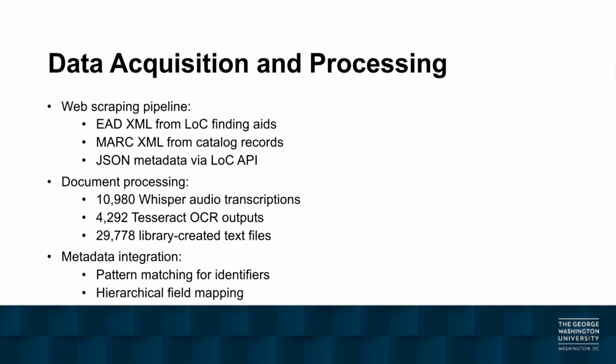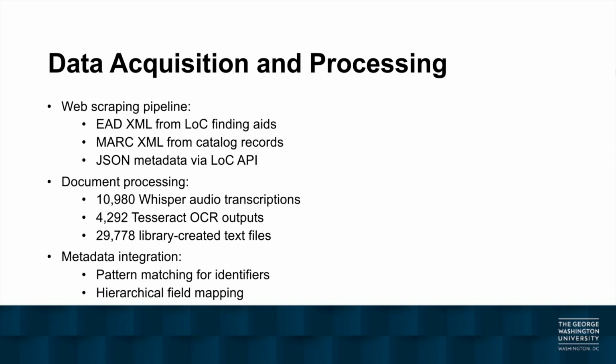I don't have examples of these transcripts as part of this presentation, but trust me, they are remarkably accurate. I was stunned. So we also ran about 4,300 PDFs through Tesseract OCR to extract their text. And then we also acquired almost 30,000 existing transcripts and text files created by the library, all through loc.gov.